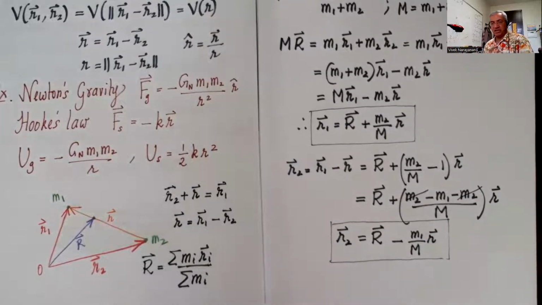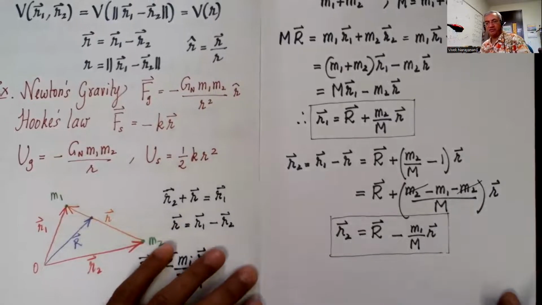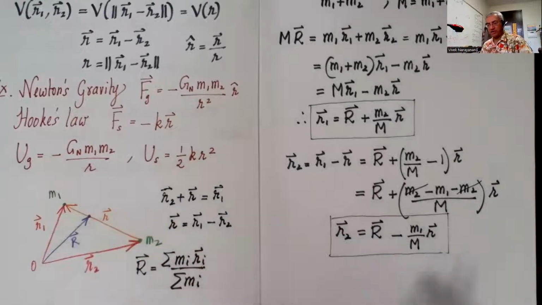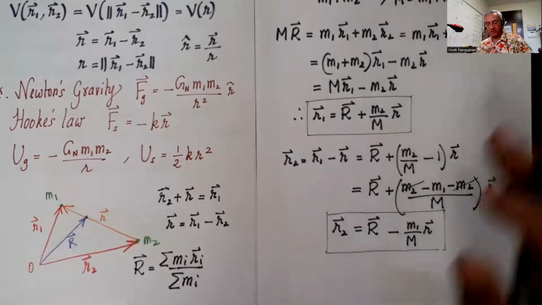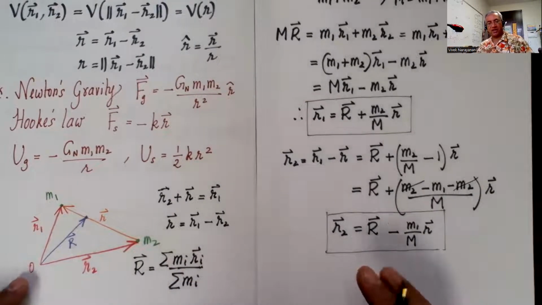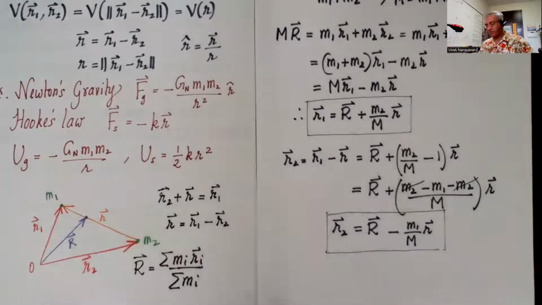But anyway, that's the expression. Now that we have R1 and R2 in terms of capital R and little r, we can sort of forget this origin. And now all our calculations will be in terms of the line joining the two objects and not an arbitrary origin. So the next step is to write the Lagrangian.